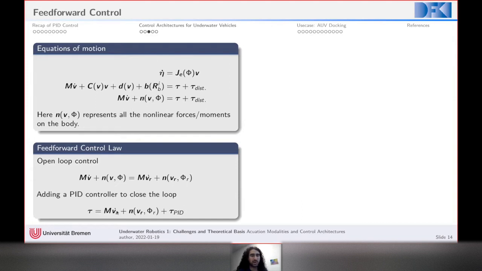states, I can use the model to get to an actuation, to force and torque values based on this model that are what I think is the closest to my system, and then everything else I can correct with this PID controller. If you read about it in the literature, this is called feed-forward control.